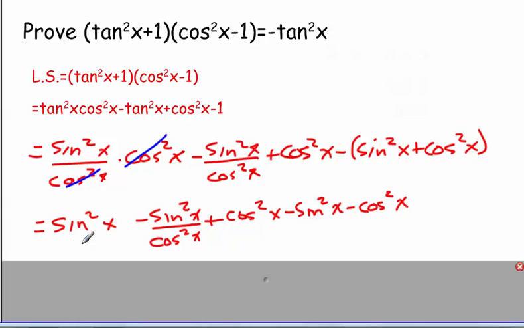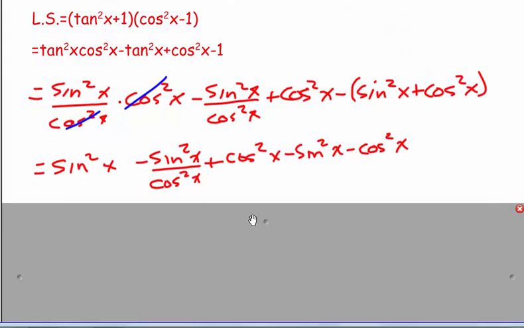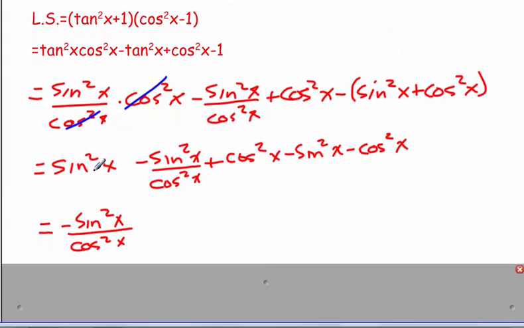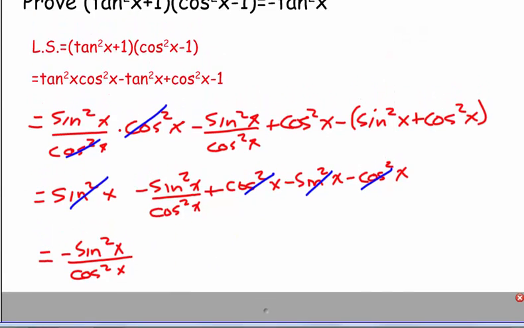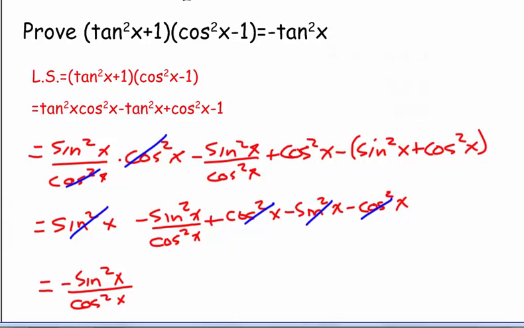I also have a sine squared minus a sine squared. And so essentially, this subtracts out with this subtracts out with this, and I'm left with that same negative sine squared over cos squared, which we established on the previous question is the same as my right side.